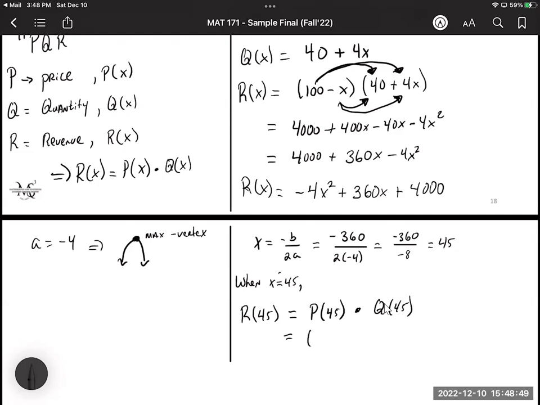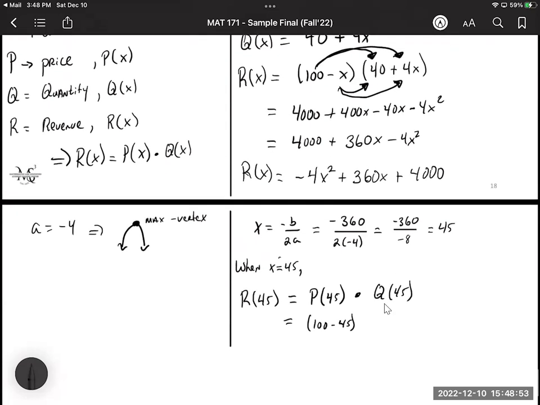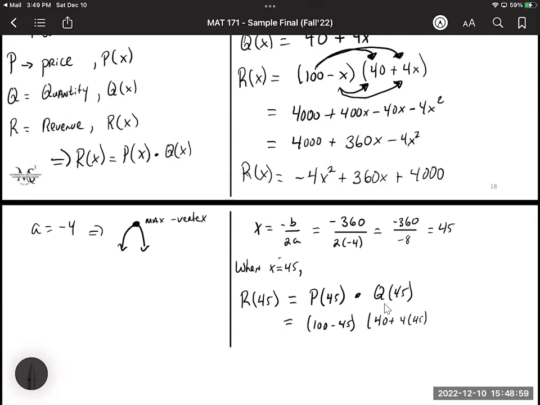So this is (100 minus 45) times (40 plus 4 times 45). 100 minus 45 is 55. 45 times 4 is 180, and 180 plus 40 is 220.